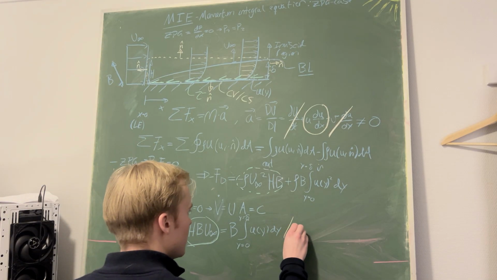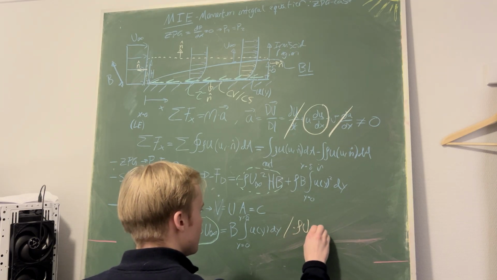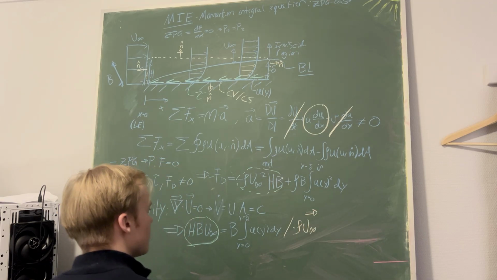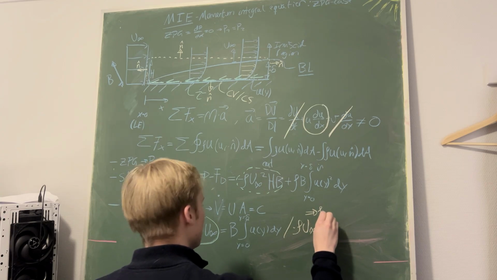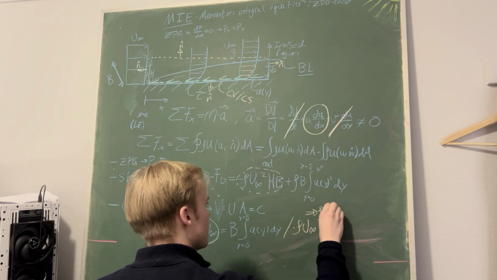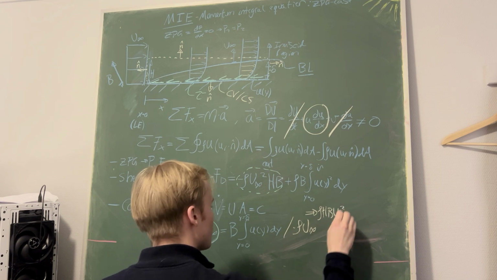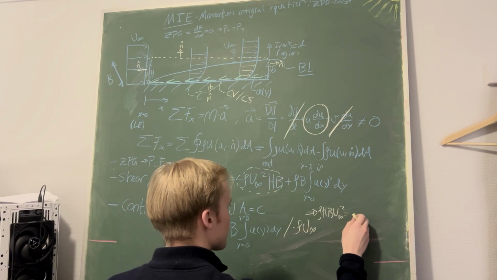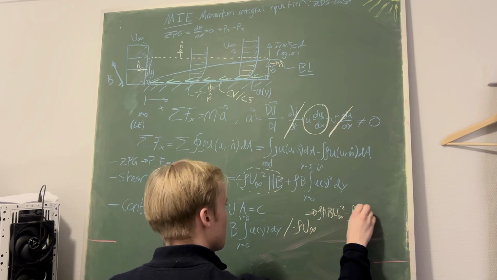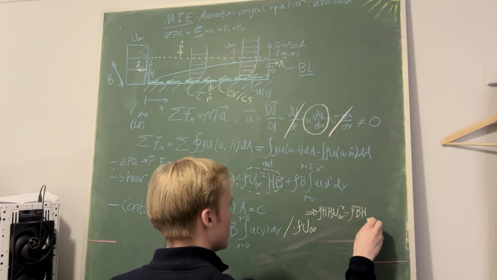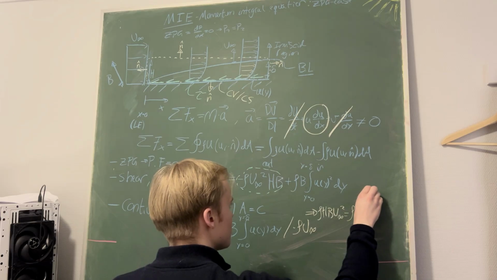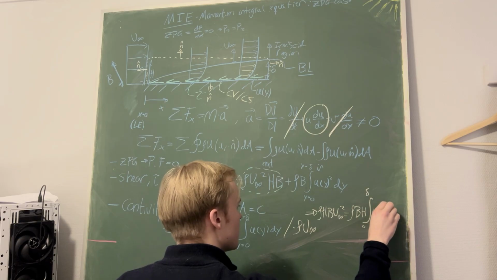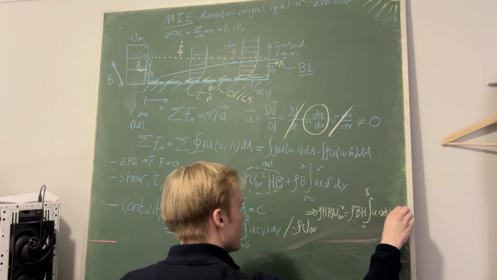So if we multiply times rho u infinity, we get, it's going to be a lack of space here now, that rho h b u infinity squared is going to be rho b, our integral from 0 to delta of u of y u infinity dy.